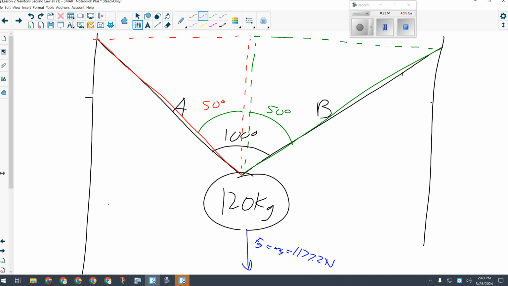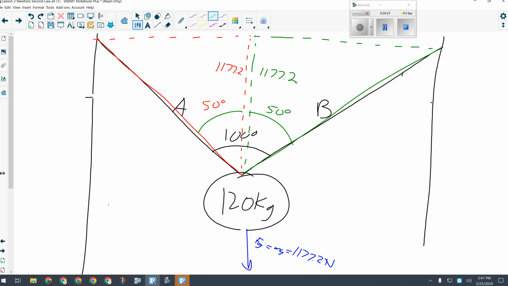What else do I need to split in two? Here's the most common mistake on this question. People get this bar, they identify that there's two cables pulling on it, and then they say, okay, for the red triangle, this side is 1177.2 newtons. But if that's the case, this is 1177.2 newtons.